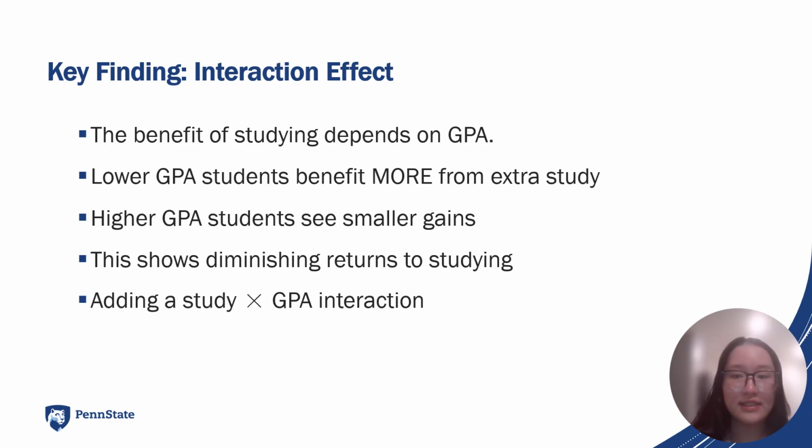This indicates that the benefit of study time depends on the student's GPA. If a student has a lower GPA, she or he will gain more from additional study time than a student who already has a high GPA. So I added this term into the model.